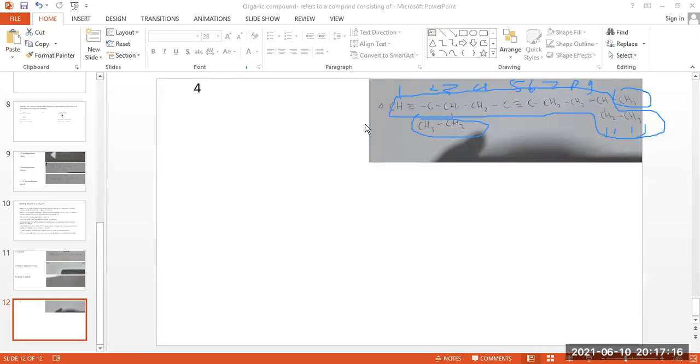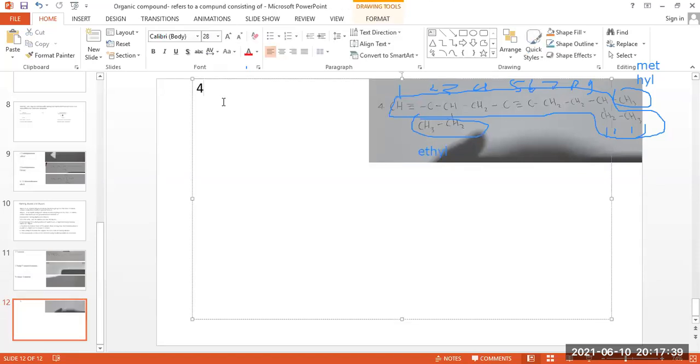Okay. This one here is called ethyl. This one is called methyl. Okay. How to name this?